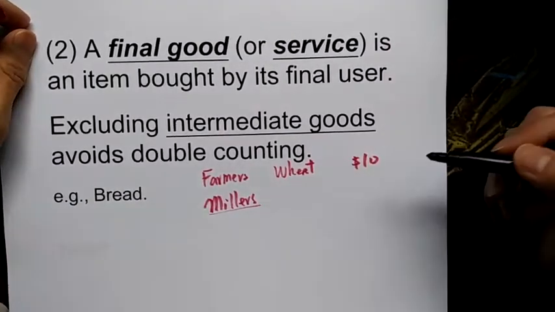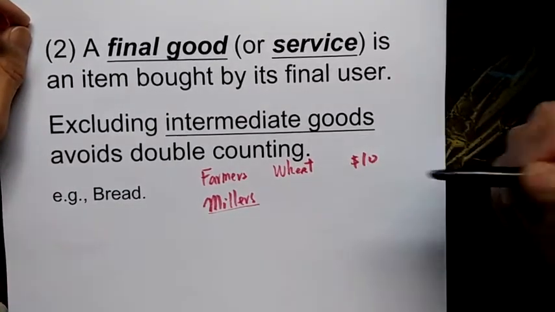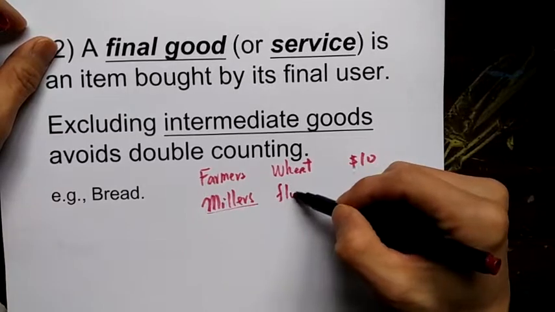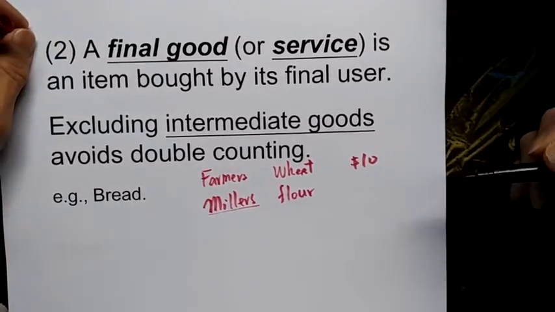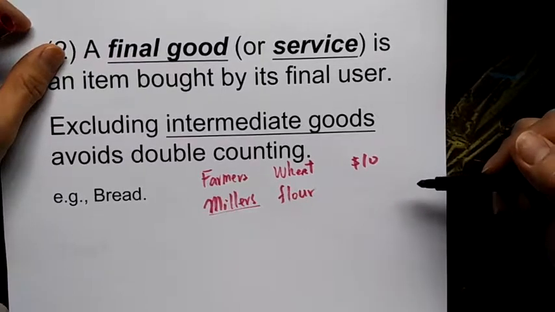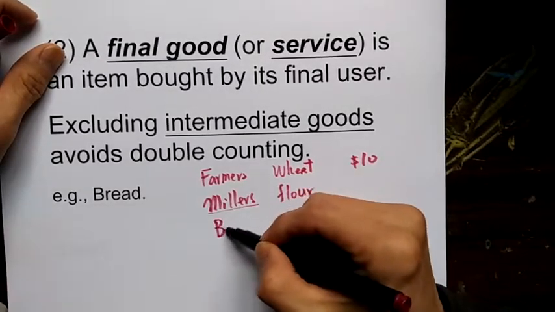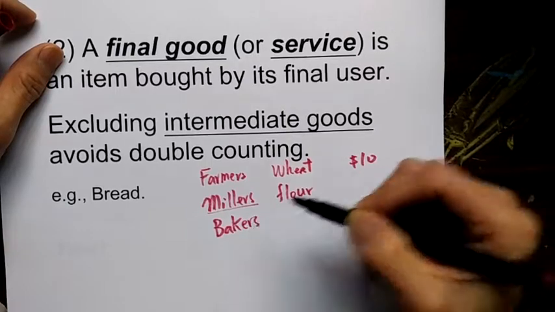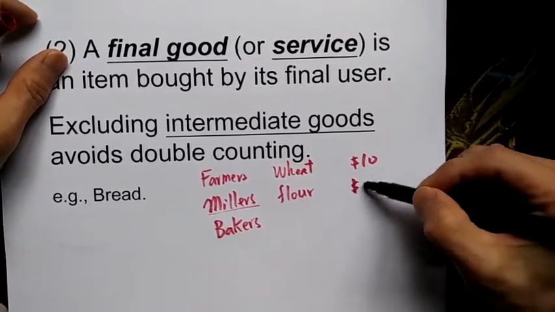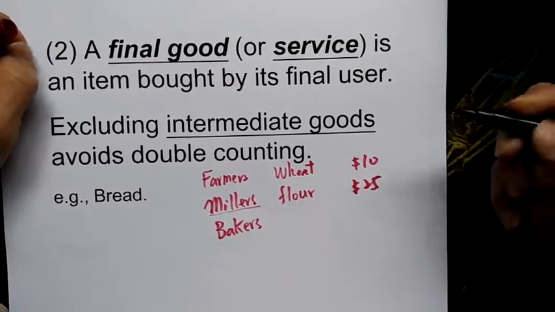The millers grind the wheat to make flour, and then sell the flour to the baker for $25.